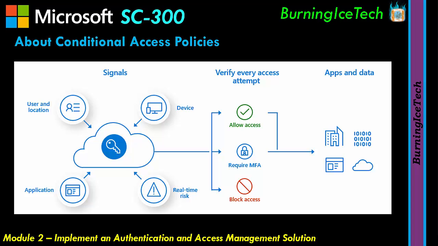So if you guys are curious how to configure these conditional access policies, do yourself a favor, go to the Azure portal, go to Azure Active Directory, which they call Entra ID now. When you get to that blade, scroll down to the security tab. Once you click on that, you'll find there's a tab that's going to say conditional access.